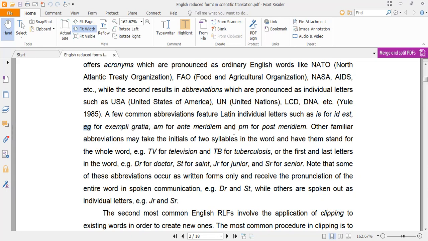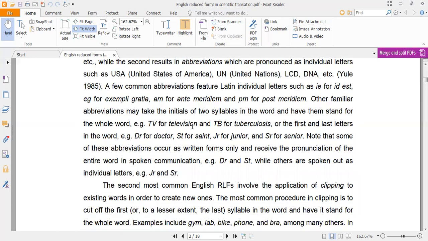Also AM, PM, post meridiem and ante meridiem. Okay, these abbreviations, e.g. and AM or PM, are widely used in English, even in everyday speech, but they have Latin origins.